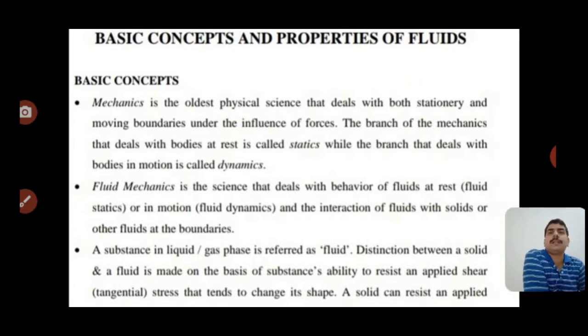When a body is at rest, in a stationary condition, it is called a static condition, and when the fluid is in a moving condition, it is called a dynamic condition, the dynamic motion of the fluid.